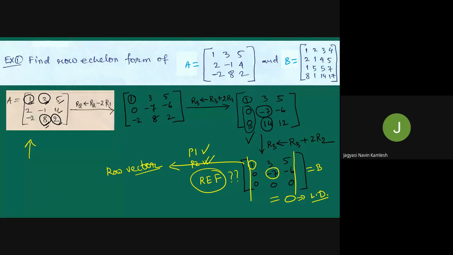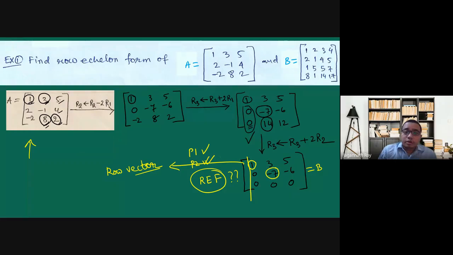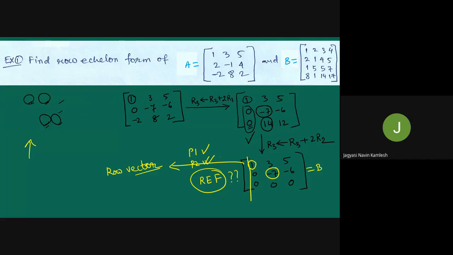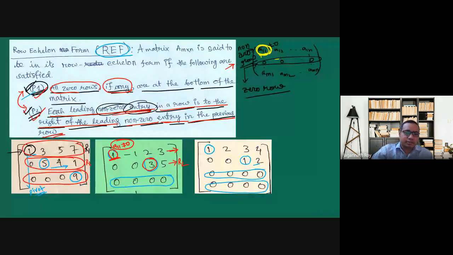Sir, property 1 of REF says that we must have all 0 rows, which means all 0 elements in a row, and it must be at the bottom. Property one says if a 0 row exists, then it will be at the bottom. Look at the three examples. This is also a row echelon form.